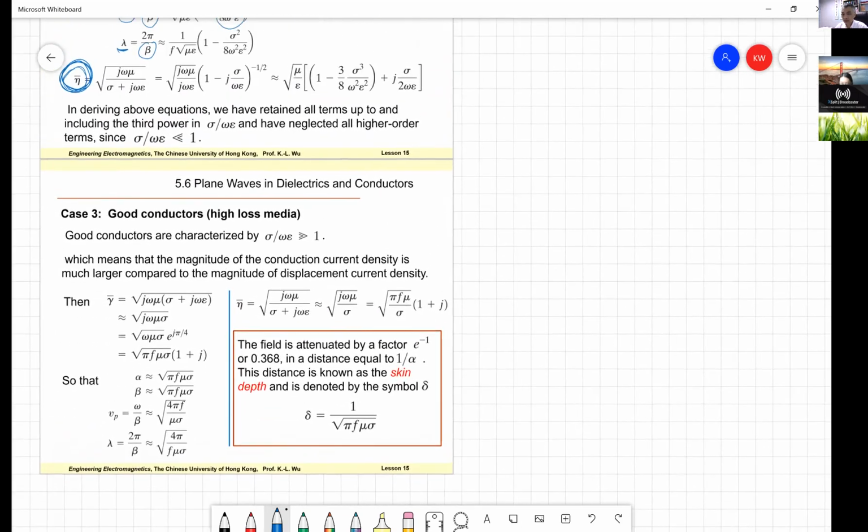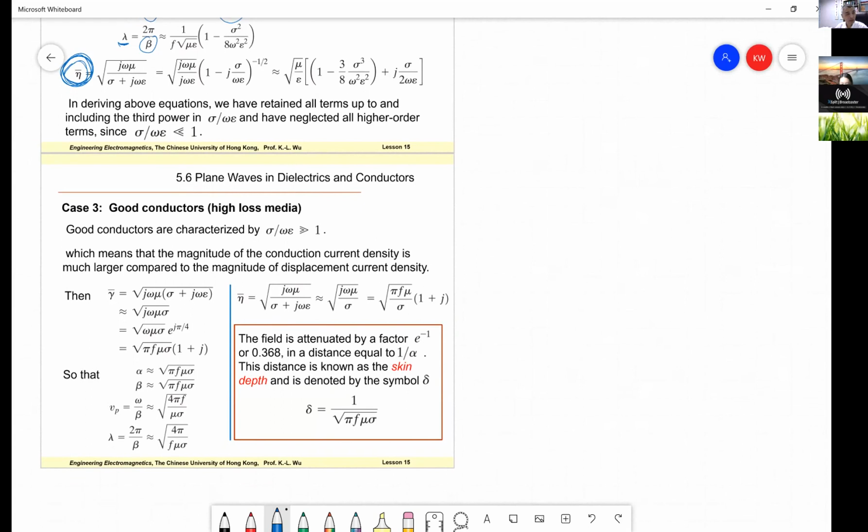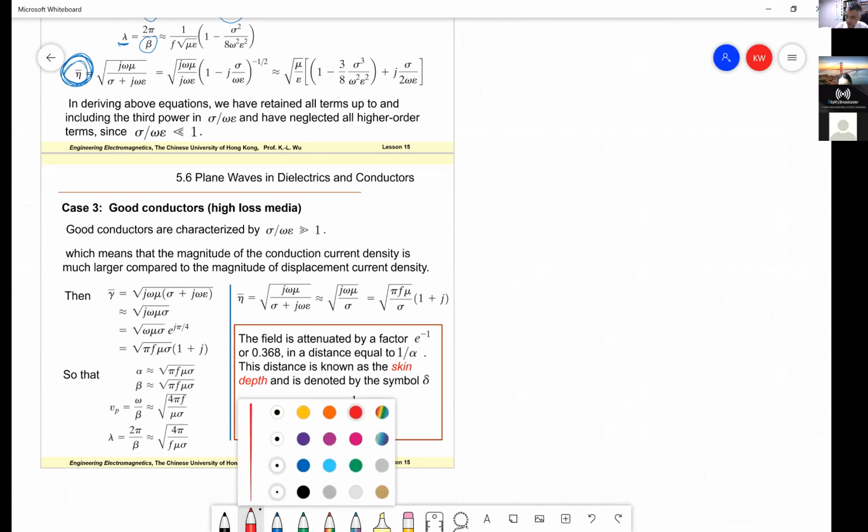Let's see what happens in a high loss medium. In a high loss medium, this condition is opposite to the low loss. Let me emphasize this.